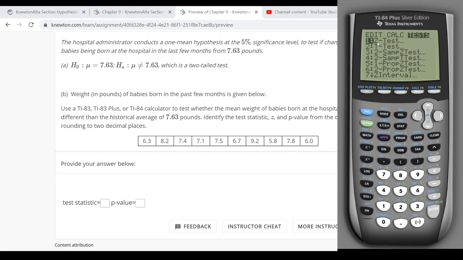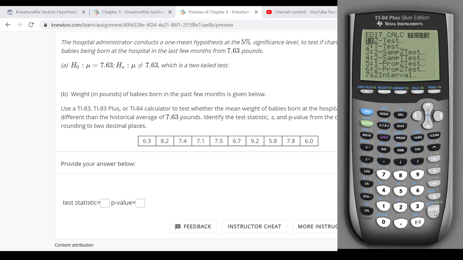At the very top, you see it says Z-Test. This is the test we're running with one population mean when the population standard deviation is known, when sigma is known. You're working with z-scores. We'll see later, the one below it, T-Test, is for when the population standard deviation is not known, when sigma is unknown, and you're working with the Student's t-distribution. But right now we're working with z-scores, the normal distribution.